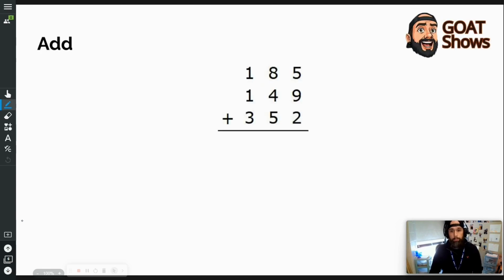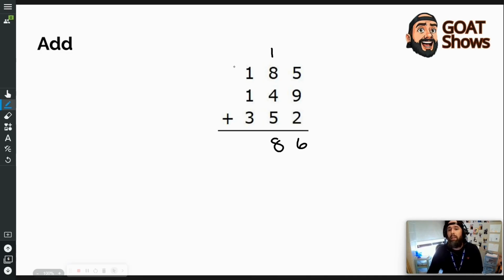See? Not bad. Ooh, three digits. Let's see what we can do with this one. Start all the way to the top right. 5 plus 9 is 14. 14 plus 2 is 16. Write out your 6, carry the 1. 1 plus 8 is 9. 9 plus 4 is 13. 13 plus 5 is 18.